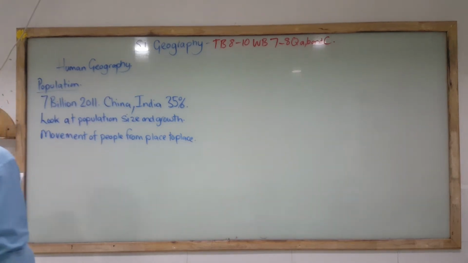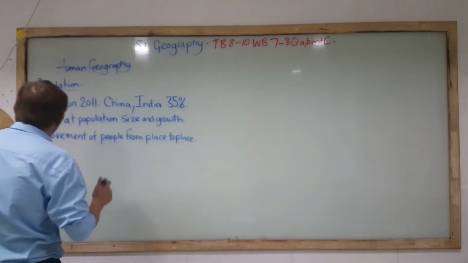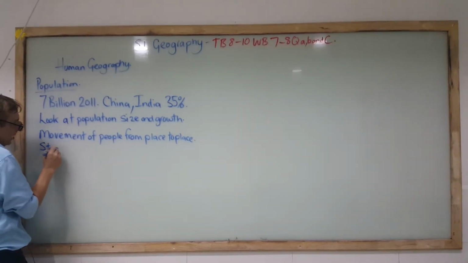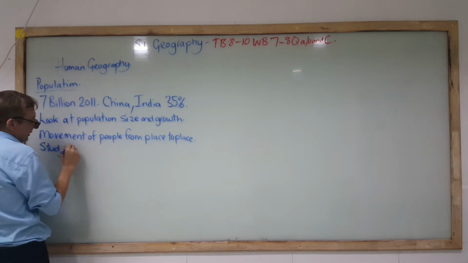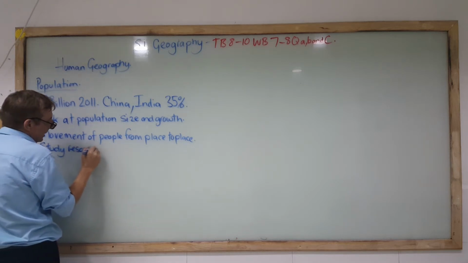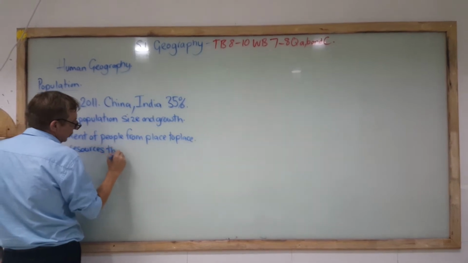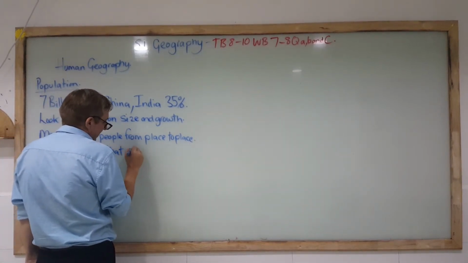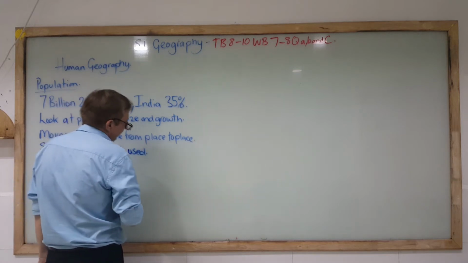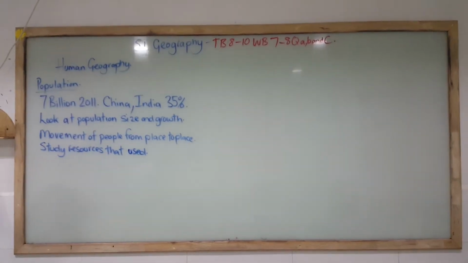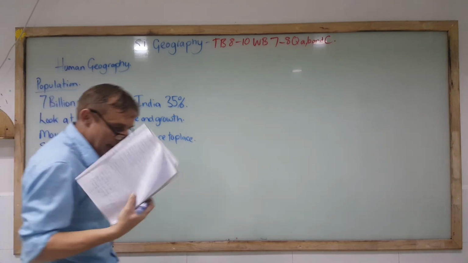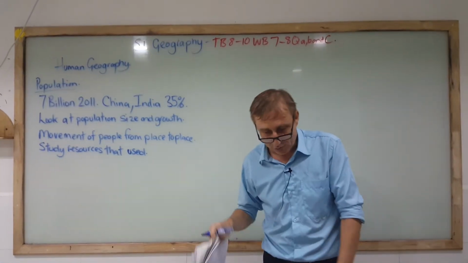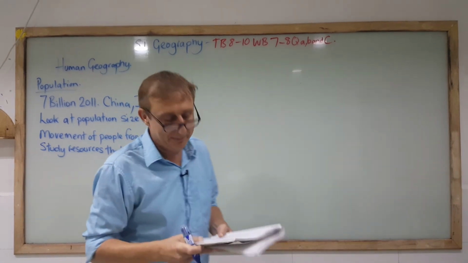And they are interested in the movement from place to place because this enables them to study the resources that are used. And what do I mean by resources? It could be fuel resources, it could be service resources, it could be space resources, yeah, the land, the space that people use.